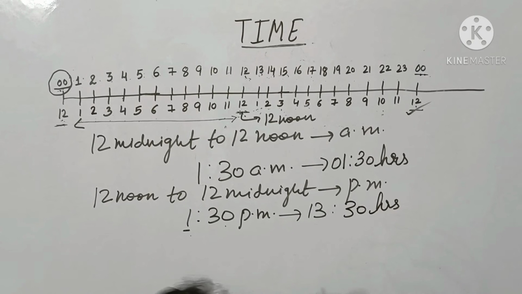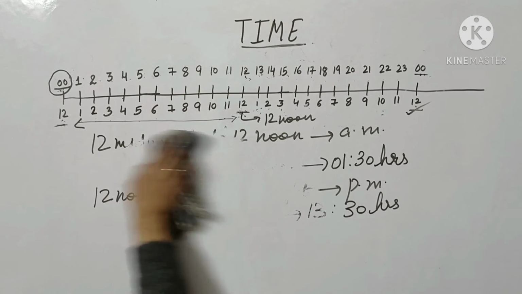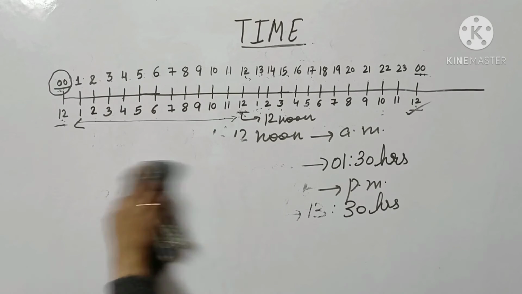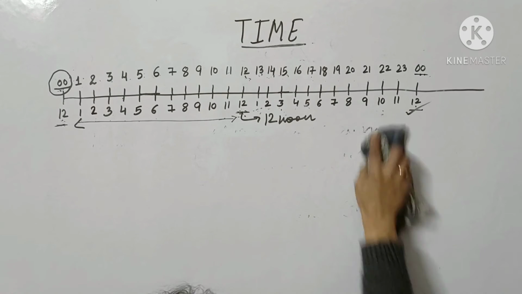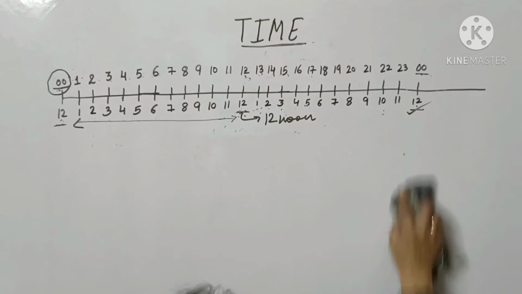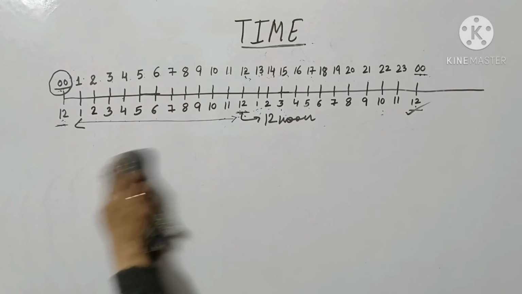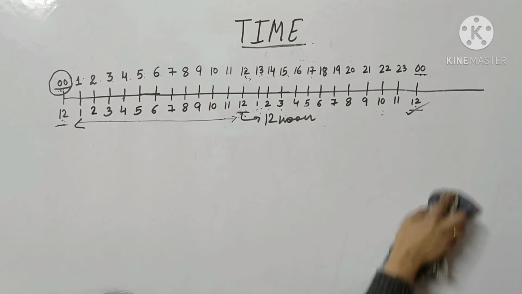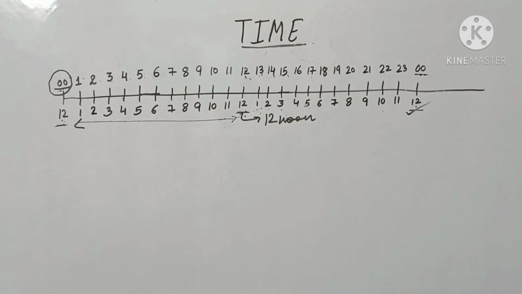Understood? Now, we understood that in AM, no need to worry, simply write the same time, no adding, no subtracting, but in PM, we have to add 12 to hours. When we add 12 to our hours, we get the time in 24-hour clock time.